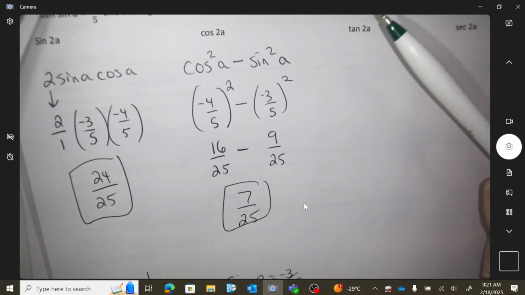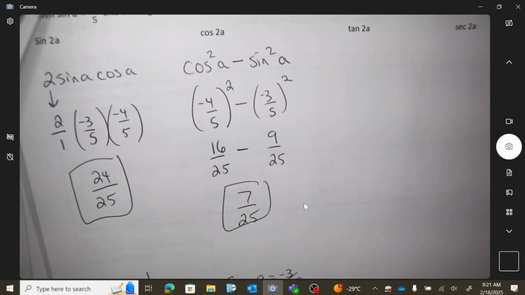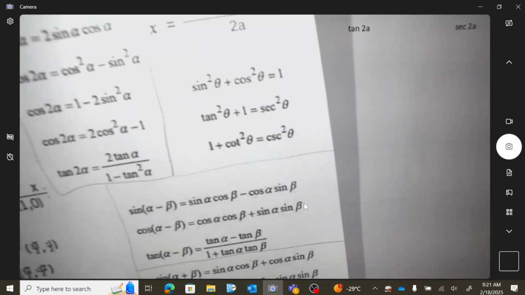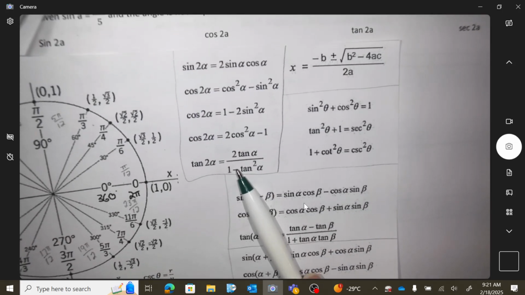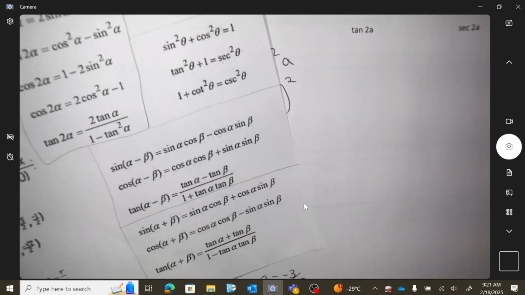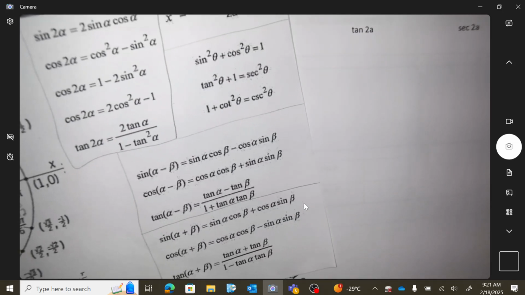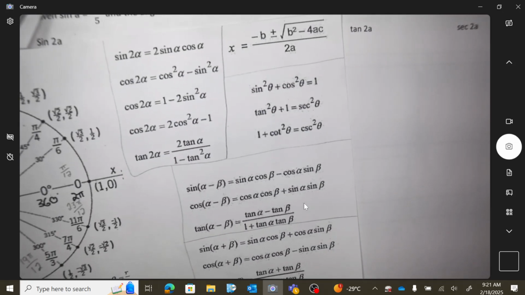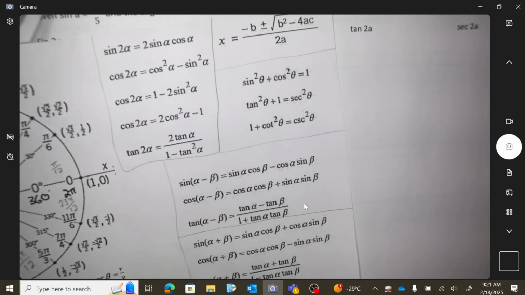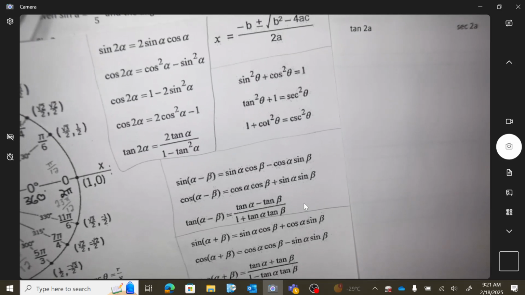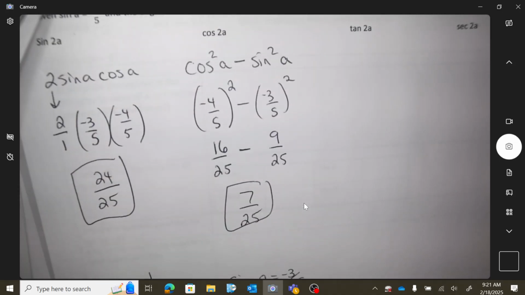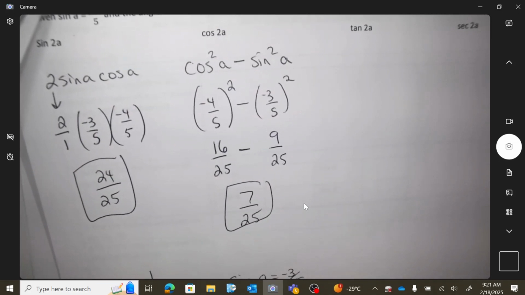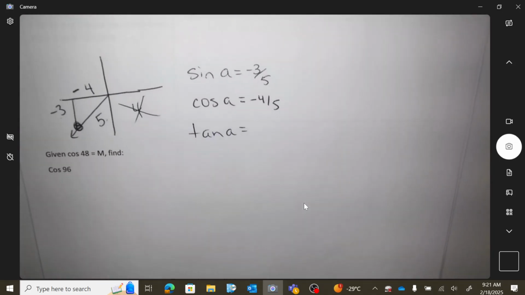Okay, tan of the doubled angle. So you have a formula here. You can use this formula if you want. We didn't figure out the tan of A, but we obviously could write that down. I have a shorter way to do it. You know what, I actually might do the long way here just because I never know if it's going to turn up. Let's just do that. What is the tan of A?